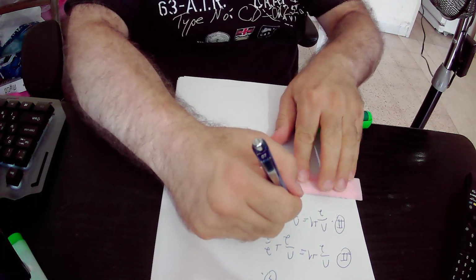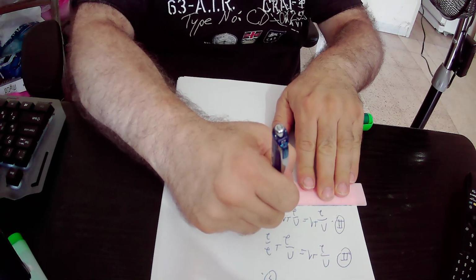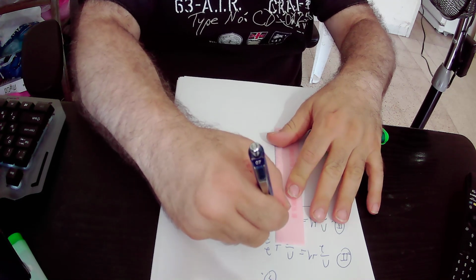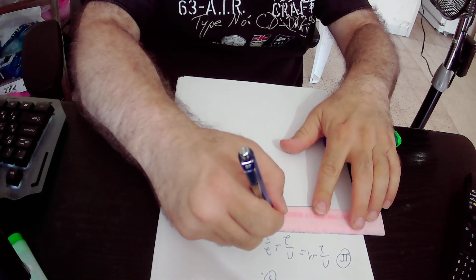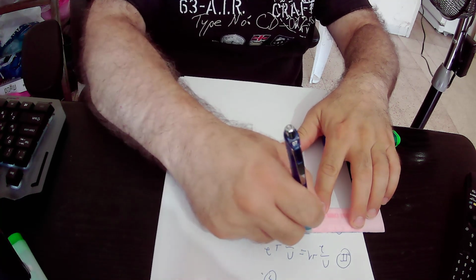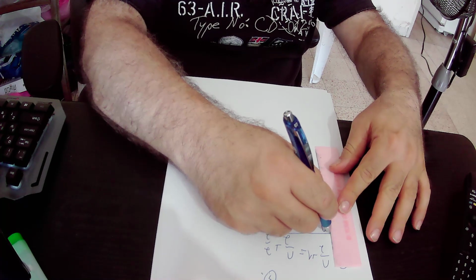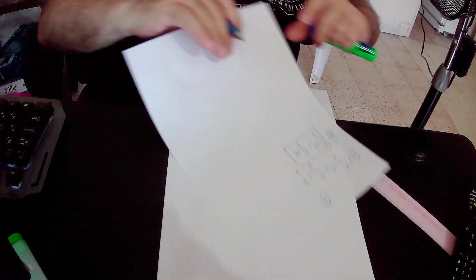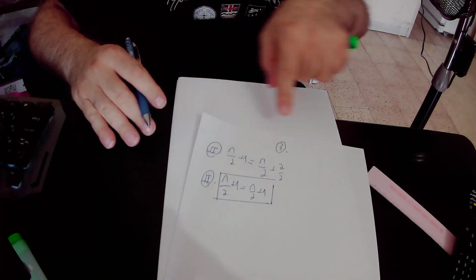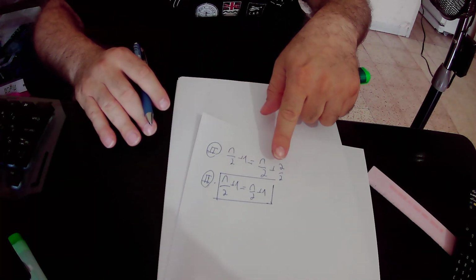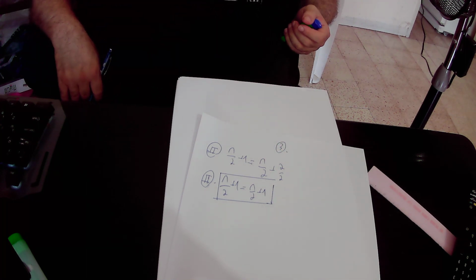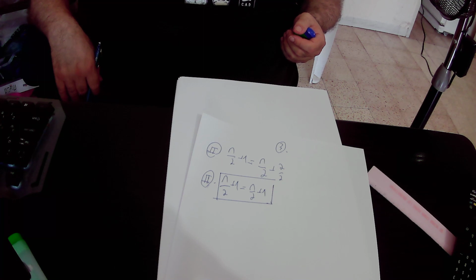So actually we got an identity: n divided by 2 plus 1 equals n divided by 2 plus 1. So actually we proved that the second expression for n plus 1 is true.